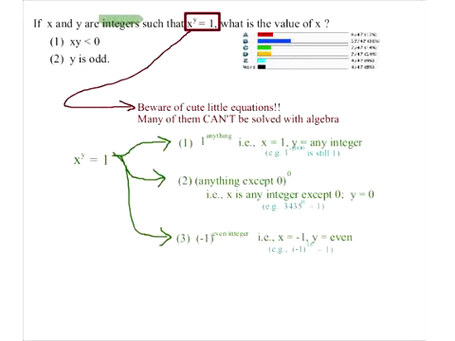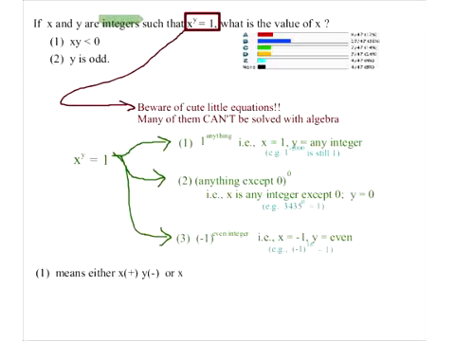So any of these could work. So now we've got to think about how the statements restrict these things. So statement 1 means that, who knows, in the text box, what does it mean if the product of x and y is negative? What does this mean? Yeah, it means one's positive and one's negative. So either x is positive, y is negative, or x is negative, y is positive.